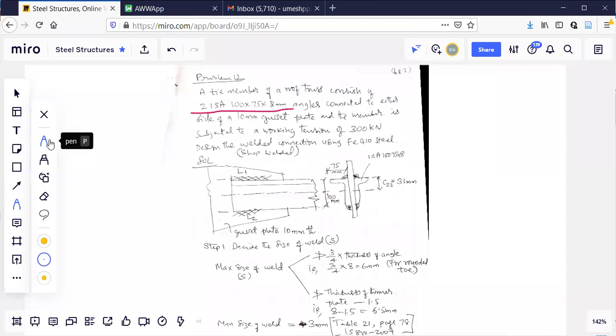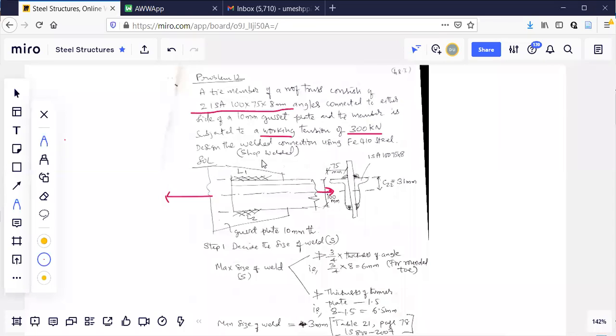So this is a tension member, 300 kN here, on this side and this side, on either side. This member has to resist a tensile force, working, not factored, working tension of 300 kN.